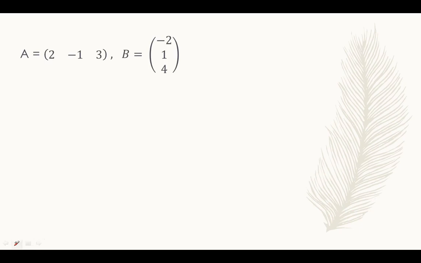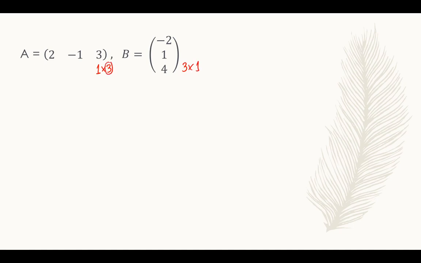Here we want to find the product of the matrix A times the matrix B. Here the first matrix is a row matrix of order 1 times 3, 1 row and 3 columns. And here we have a column matrix of order 3 times 1.